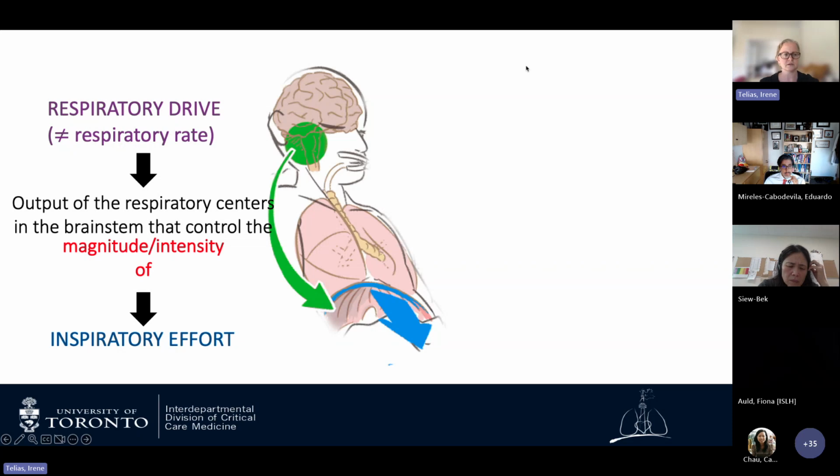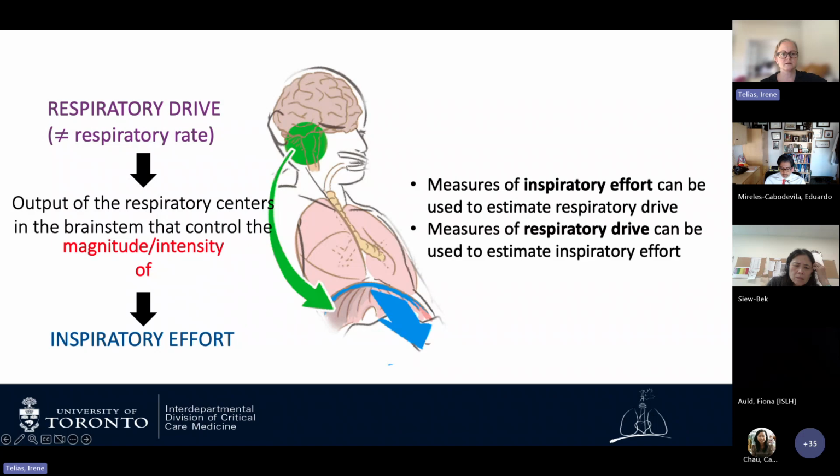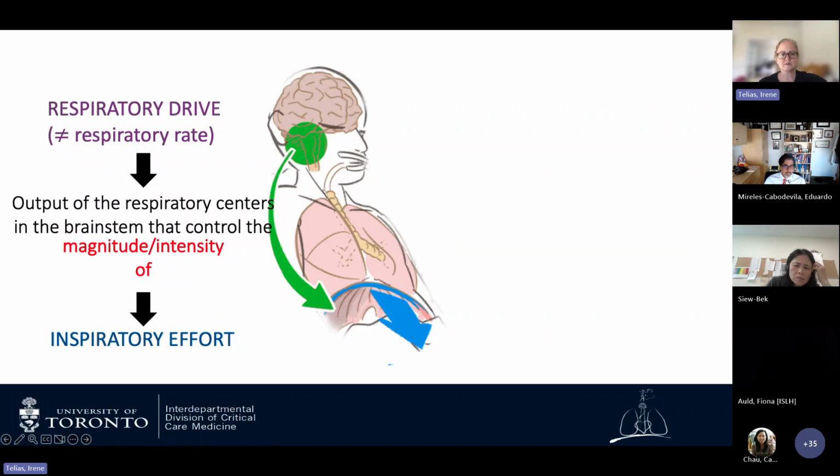The idea is that this is our patient, and the respiratory drive, we call respiratory drive the neural output that arises here from the brainstem of the patient, and that stimulates the breathing muscles, in this case, the main one being the diaphragm, and modifies the magnitude or intensity of inspiratory effort.